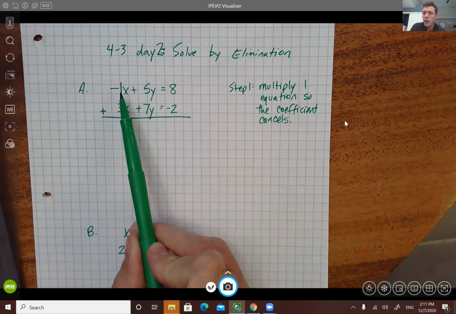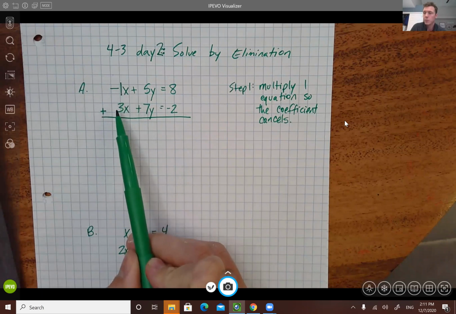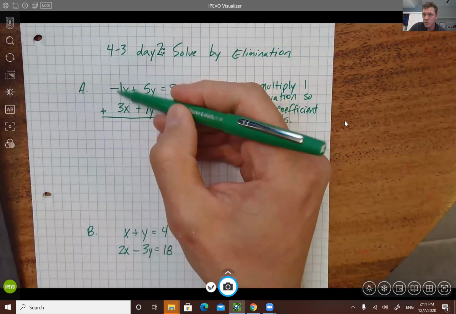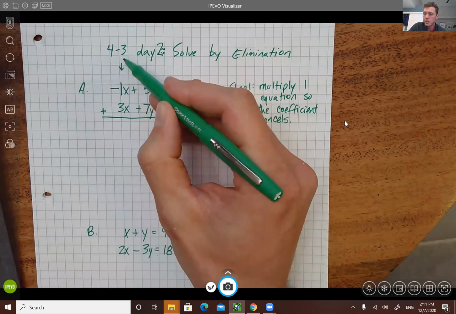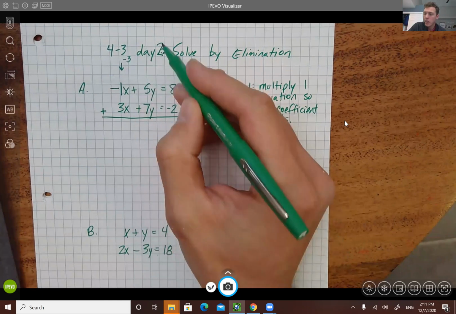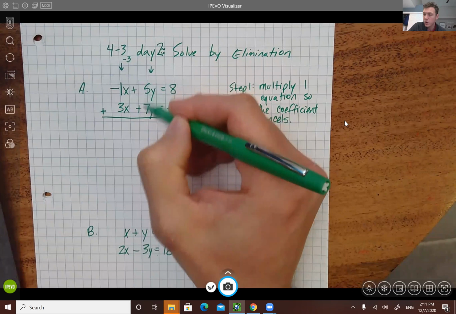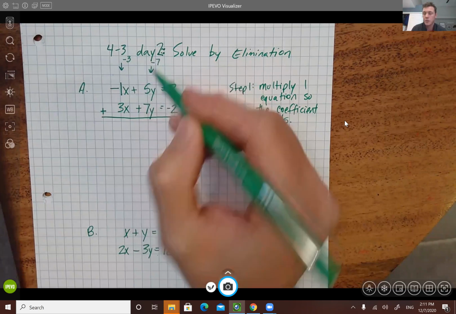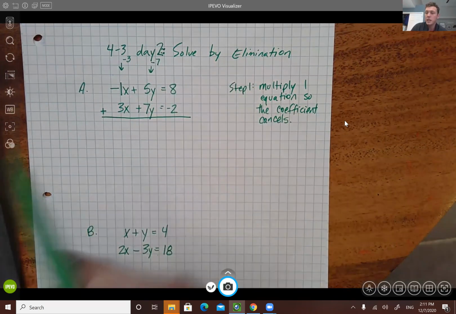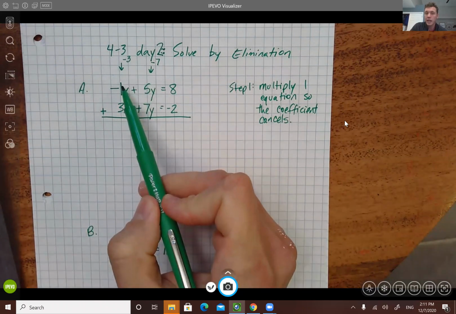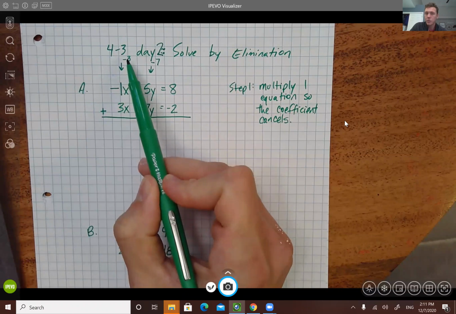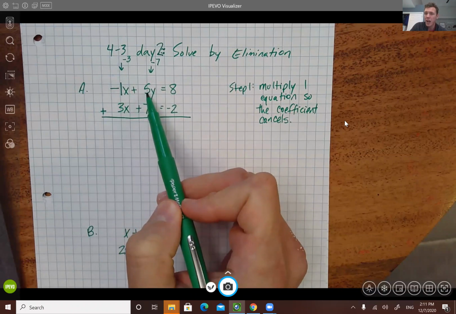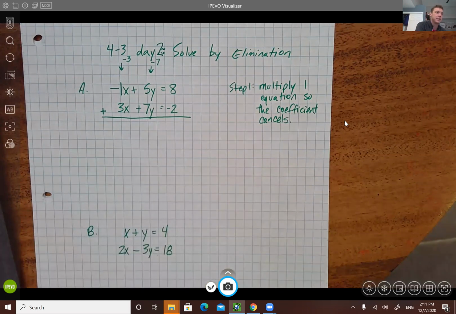Now, here, I have -1. Can I multiply -1 by something to get -3? Because ultimately, if we want this to cancel, this needs to be -3. If we want these to cancel, this would need to be -7. So would it be easier to multiply -1 by something to get -3, or would it be easier to multiply 5 by something to get -7?